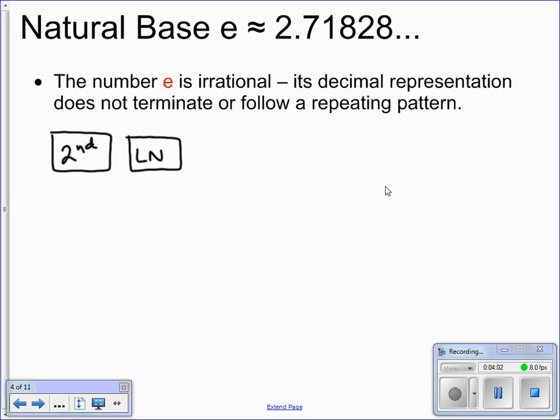Above the LN in your shift color, you should be able to see an E to the X. So go ahead and pull that up. Most of you, when you type this, will get an E with a caret, which means raised to, and then a parenthesis, which is awesome if your calculator brings that up.